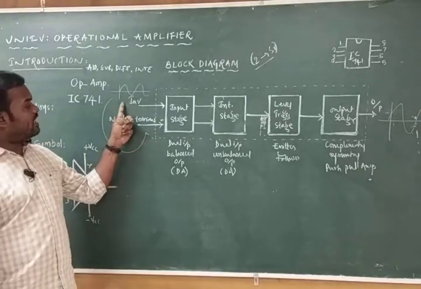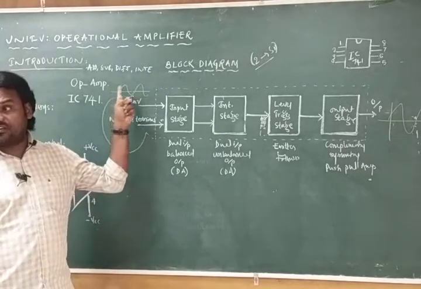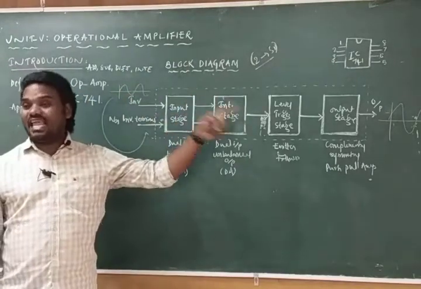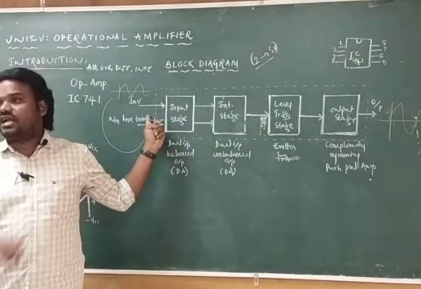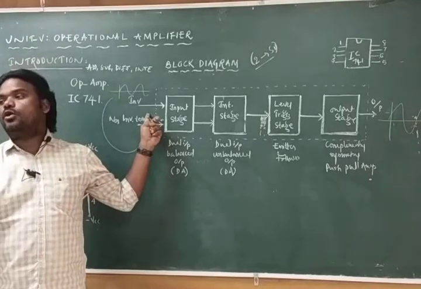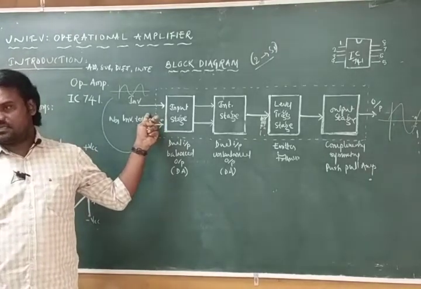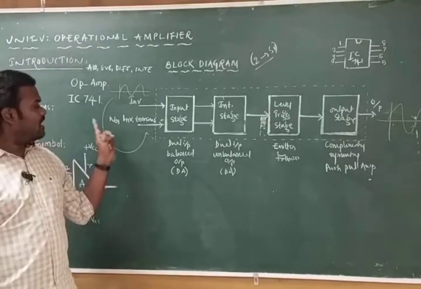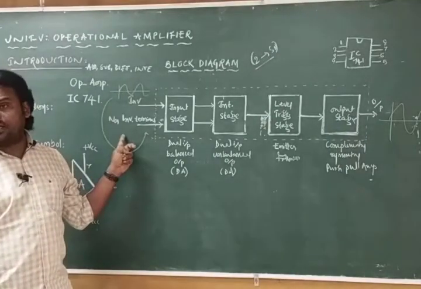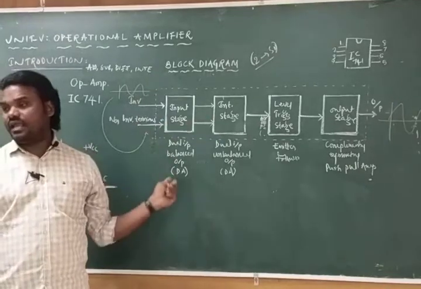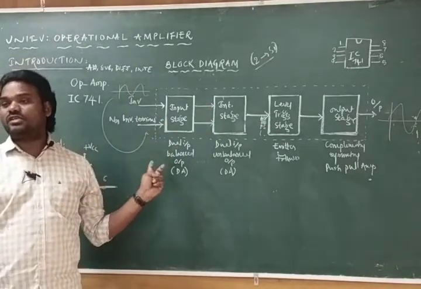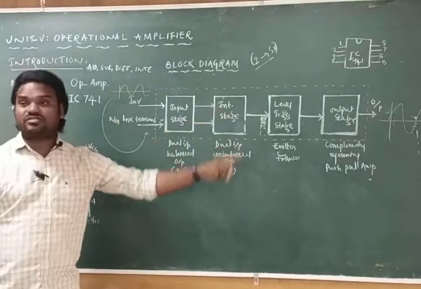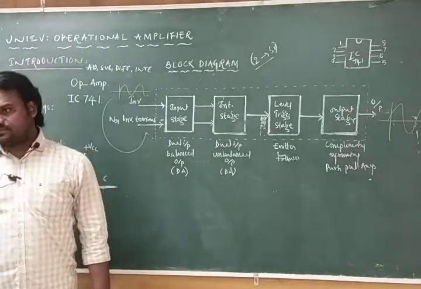If you give the input at the inverting terminal, the output will be the inversion of the input signal, so the phase difference between input and output is 180 degrees. If I give the input at the non-inverting terminal, the output will be the same as the input, so there is no phase difference, and these two signals are called in-phase signals.